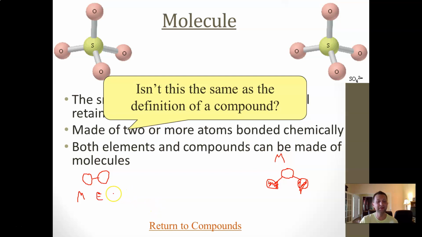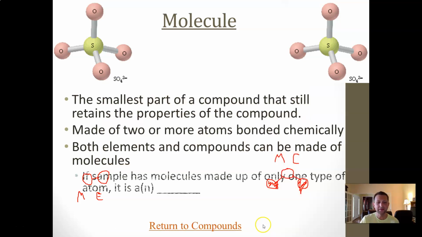There we go. All right. Molecular element because they're all the same. Okay? And over here, water is a molecular compound because they are two or more different atoms bonded chemically. All right? So that's important. Let me erase this on here so you can see what I have.